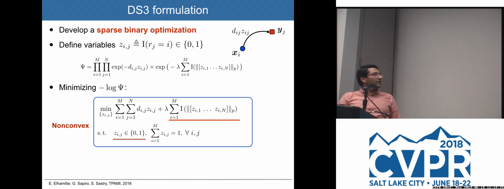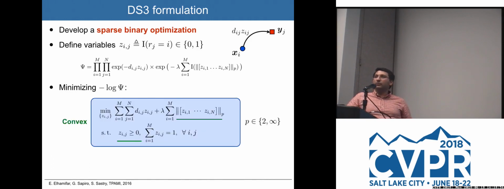The reason behind the non-convexity is, one, we have these assignment variables, which are just 0 and 1. So this is a non-convex constraint. And second, we have the sum of the indicator functions, which, as I discussed in the first talk, is a non-convex function. So what we do now is relax. Instead of looking at the indicator of this norm, we simply use the norm itself.